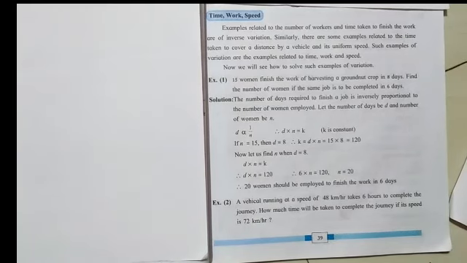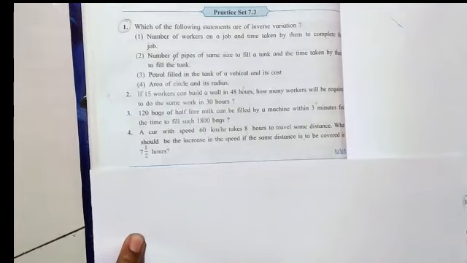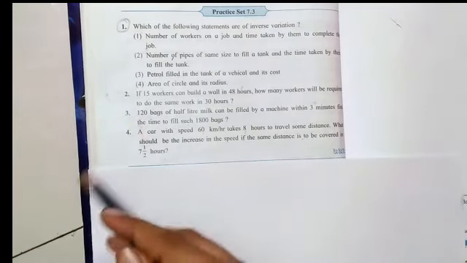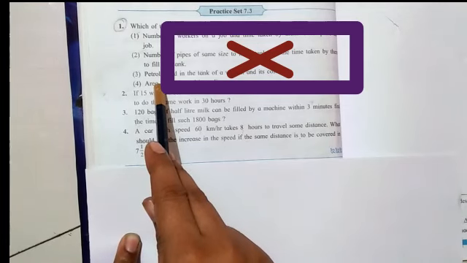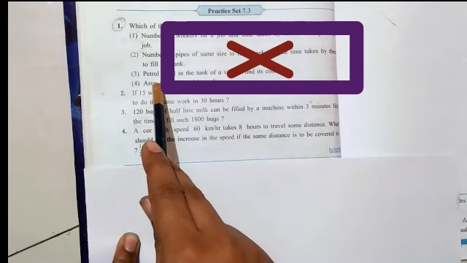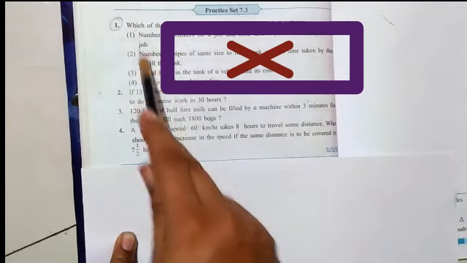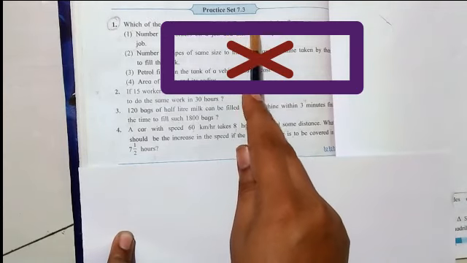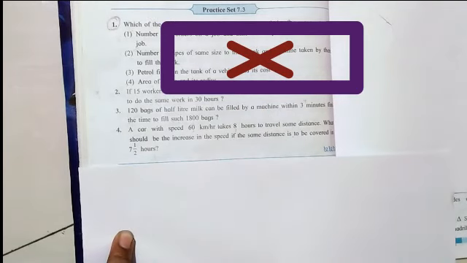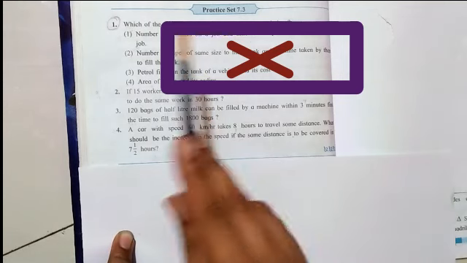So this is our practice set number 7.3, where question number 1 has been deleted from the syllabus due to COVID-19 for this academic year, but it is a very easy one. We can simply convert this statement into inverse variation by using the symbol. You can write it in the rough book.